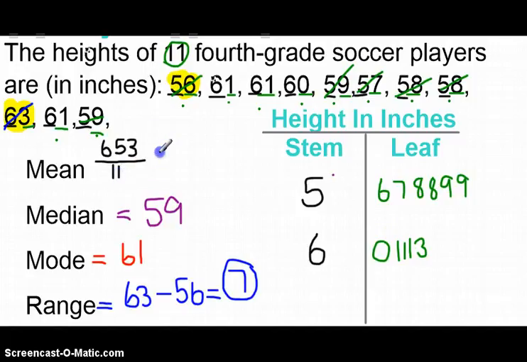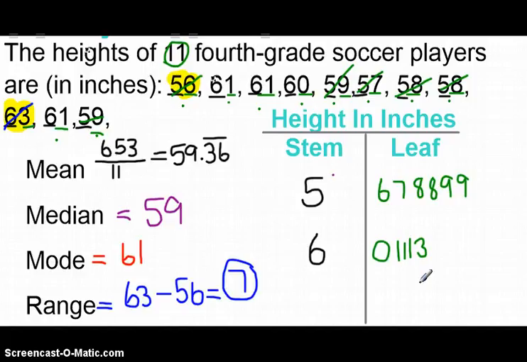When you take 653 and divide it by 11, you get 59.3636363636. And remember, when it keeps on repeating, you could just represent it with a bar over it.